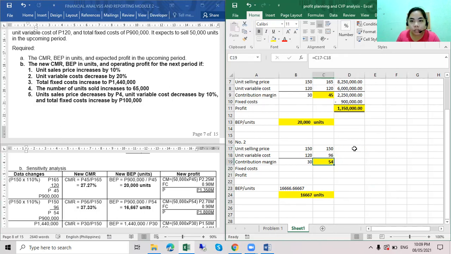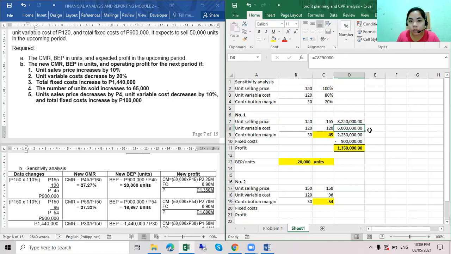CMR, it's the rate, no? Sorry class, wala ko ginkuha ang rate. CM lang nakuha ko. Okay, so 27%.